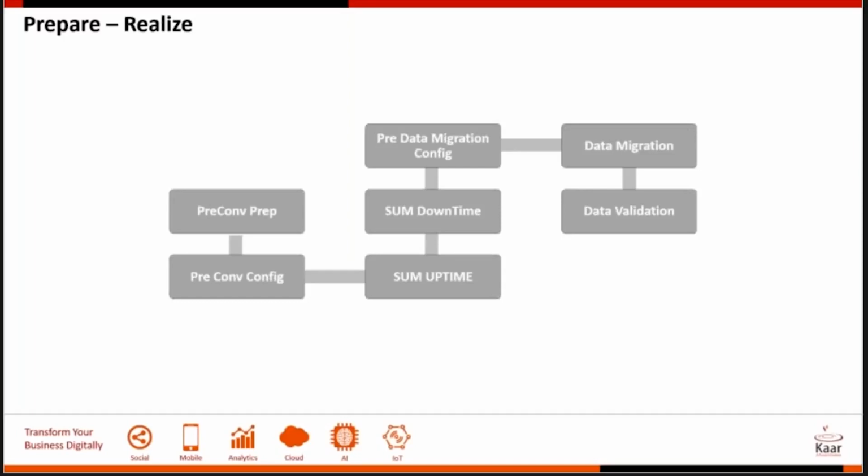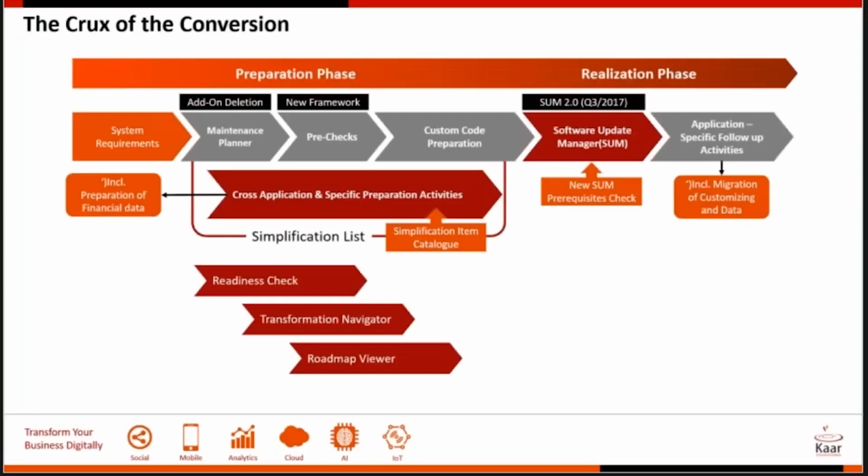With respect to the system requirements, there are only a couple. One is you'll have to be a Unicode system, and the second is you cannot have a dual stack anymore, so it'll have to be a single ABAP stack. And with respect to the pre-checks, many pre-checks are done on both the finance and the logistics side, and on the custom code, to make sure that you're ready to convert to S/4.